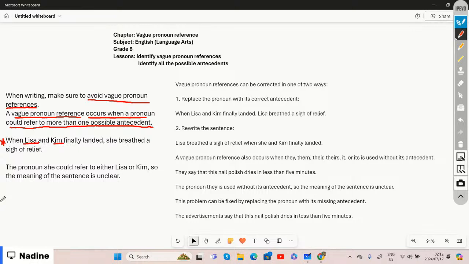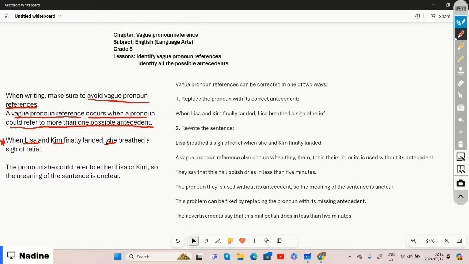It says she breathed a sigh of relief. But now the question is, who are we specifically talking about? Are we referring to Lisa that breathed a sigh of relief, or Kim? That is what we mean when we say that this is a vague pronoun reference.